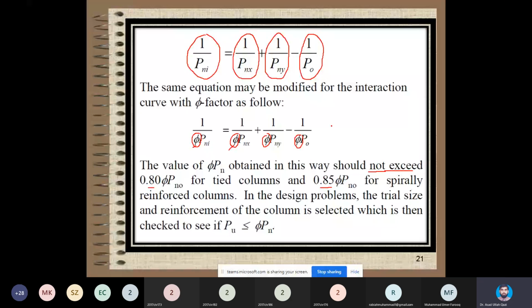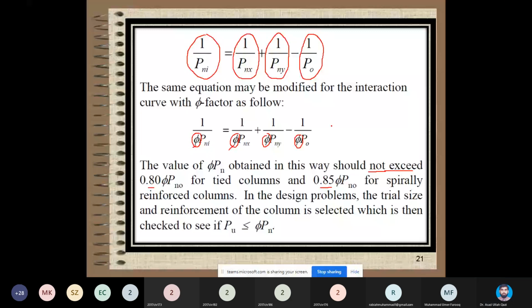You will also realize that this method is not a direct design method. This method will give you ultimate axial load under biaxial bending, and that load you will compare with your demand. So it means you need to first sketch a column, detail it, calculate its biaxial capacity, and then compare it with the Pu.